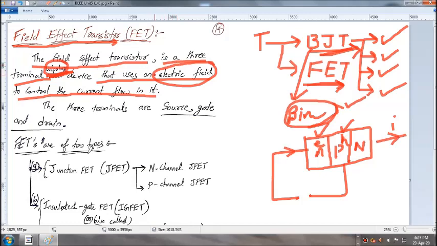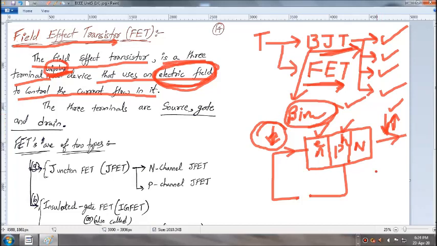Moving on to the next point, it uses an electric field to control the current. In a BJT, as we increase the input current, the output current increases, and as we decrease the input, the output current decreases. So the output current is completely dependent upon the input current.